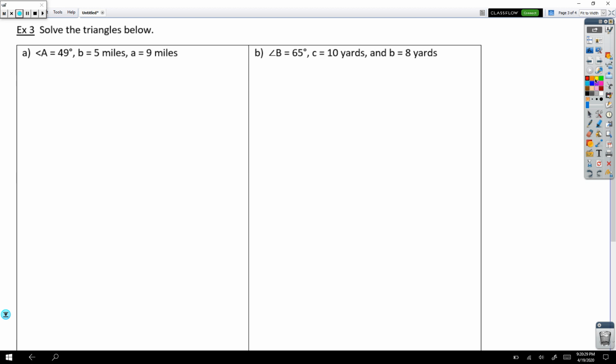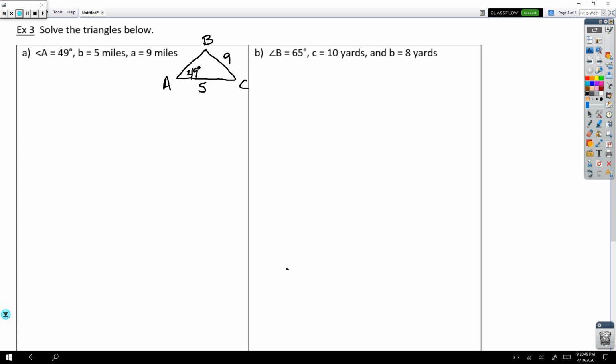Alright, so let's start with A. Again, let's set up our triangle. Angle A is 49 degrees. Side B is 5 miles. Side A is 9 miles.